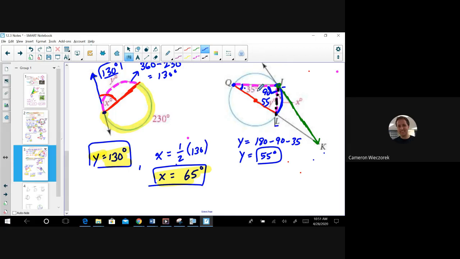And angle Q is 35 degrees, which means that arc JL has to be 2 times as big. So this arc here is going to be 70. But then angle X is a tangent chord angle to that arc, which means that has to be half as big as the arc. So X is going to be half as big as 70, which makes X 35.